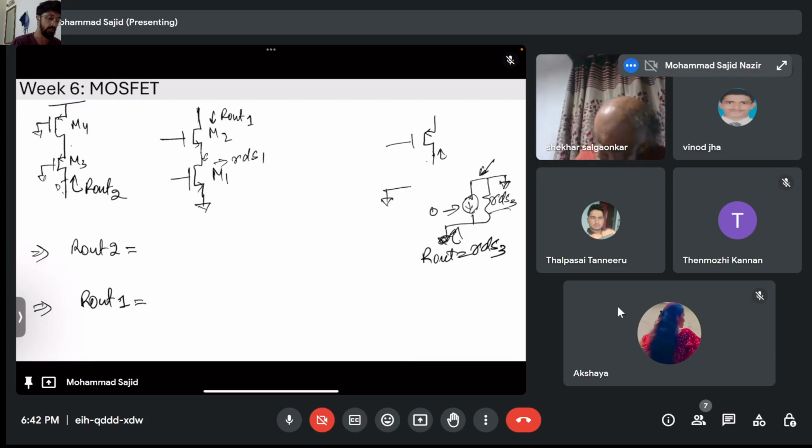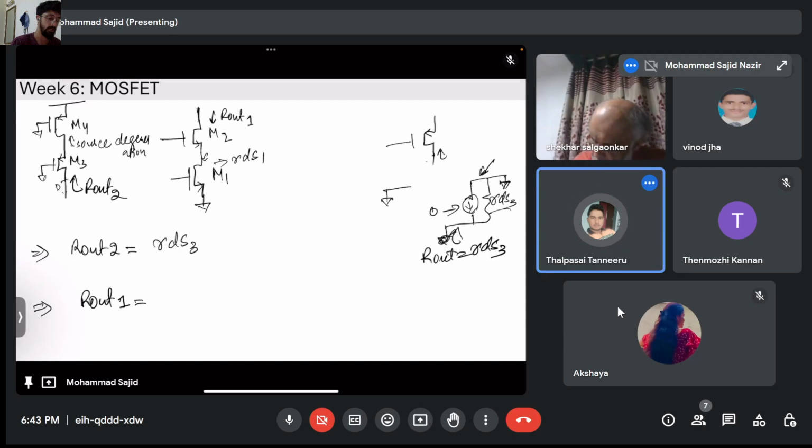Here the main transistor is M3, right? And M4 will act as source degeneration, as a source resistance, and M3 will act as your main transistor, and its resistance will be main resistance, RDS3. So tell me the full answer. What will be R out 2? RDS3 times 1 plus gm into RDS3, multiplication of RDS4, sir.